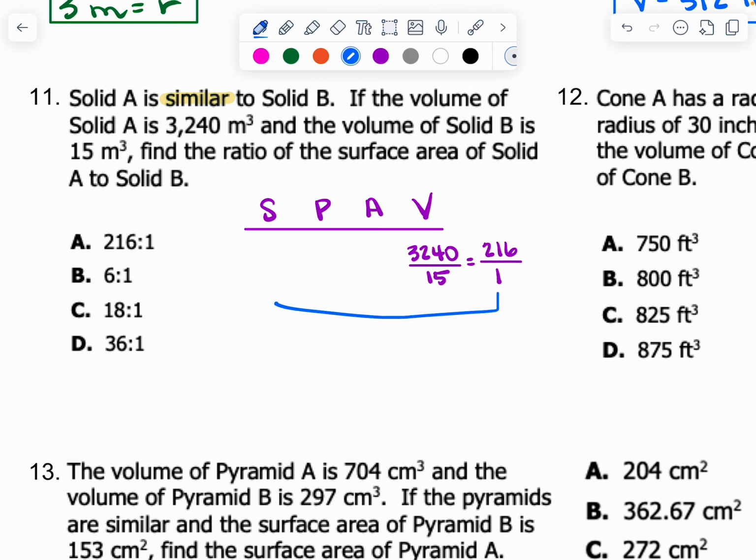Okay, so I need to fill in the rest of my SPOV chart. Well, if I'm given the 3D, I'm going to cube root to get back to 1D land, right? And the cube root of 216, again, you can use your calculator for that. I got to fix that crooked line.